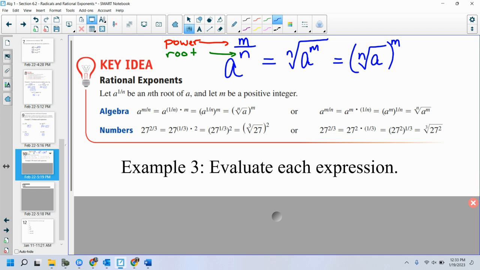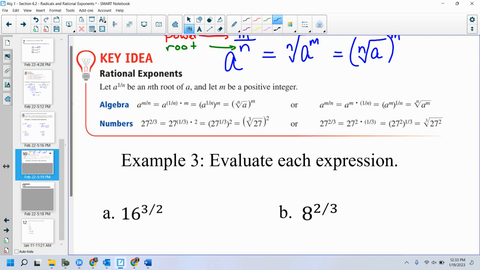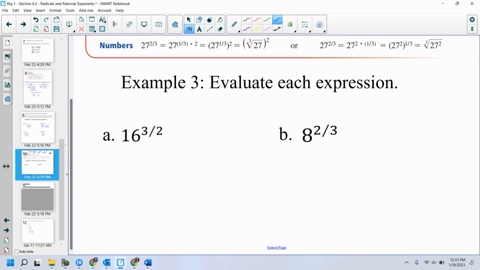Interestingly enough, for some of these problems on our quiz on Tuesday, there are two possible answers. You don't have to have both, you just have to have one, because you could write it either way: the root first, then the power, or the power first, then the root. I need to add this onto my board here: the nth root of a to the m power, or the nth root of a, to the m.